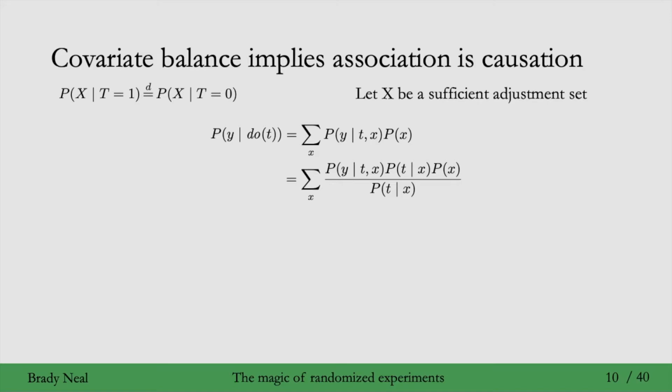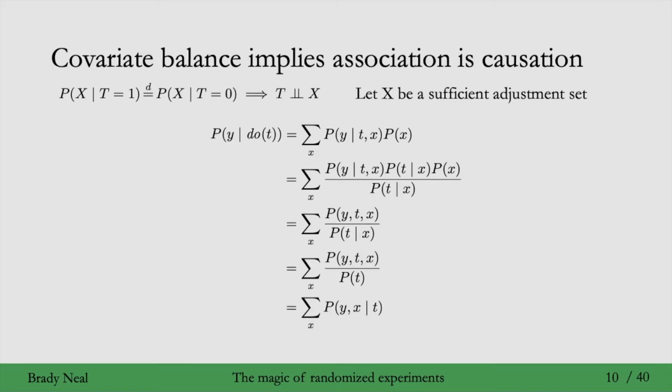And then notice that the numerator here is actually the joint distribution by the chain rule of probability. Then on the last slide, we got covariate balance in the top left here by saying that T is independent of X, but also covariate balance implies that T is independent of X. And we can use this independence to simplify the denominator here to get just P of t in the denominator.